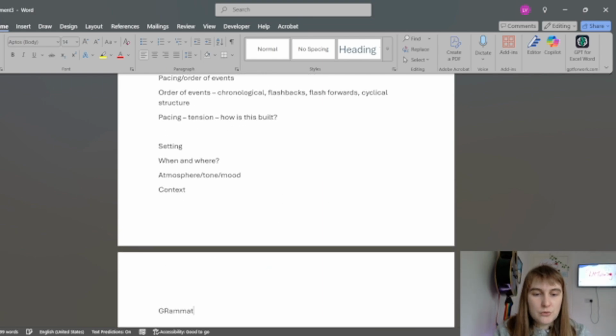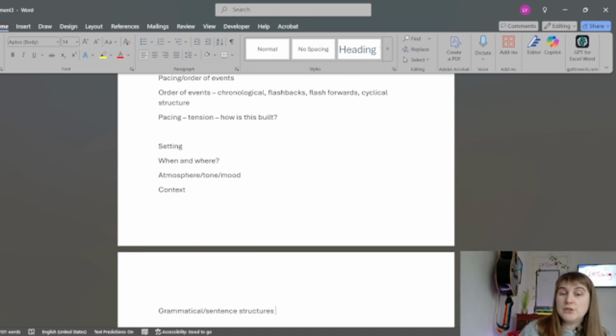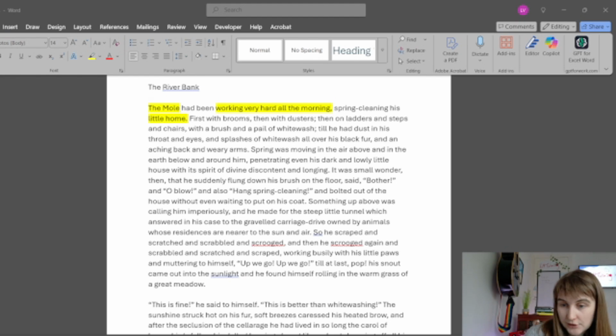So you can also talk about grammatical or sentence structures in terms of the nitty gritty, if you wanted to. So he uses lists of implements and activities that he is doing to clean his home in order to show us that the character is a perfectionist and that he is keen to get his home as clean as possible.